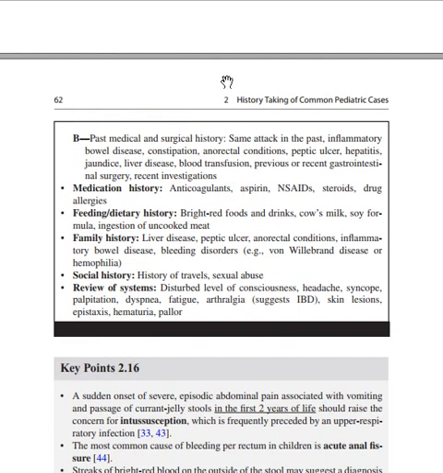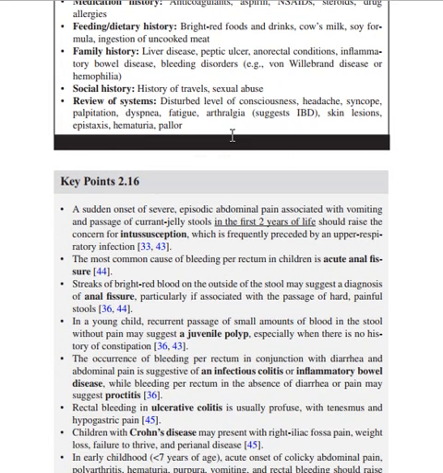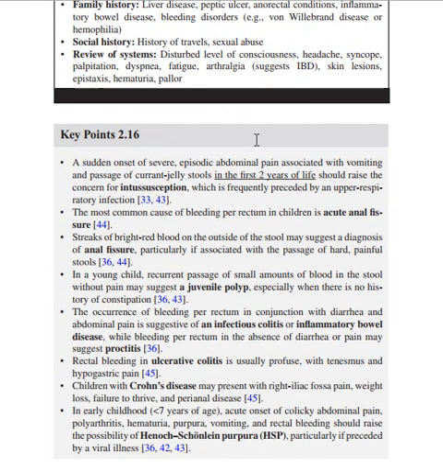Past medical and surgical history: past attacks of inflammatory bowel disease, constipation and rectal conditions, peptic ulcer, hepatitis and jaundice. Medication history: anticoagulants, aspirin, NSAIDs, steroids, all of which can predispose to bleeding. Family history: liver disease, peptic ulcer disease, bleeding disorders like von Willebrand disease or hemophilia. Social history: travel, sexual abuse.